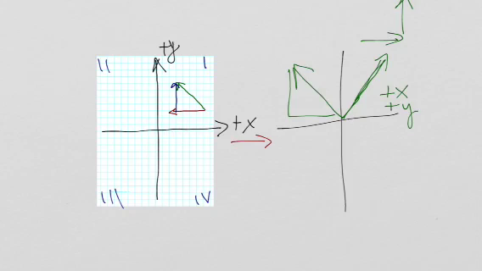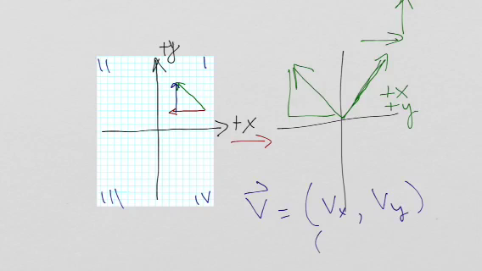So if we look at that image on page 8 of your notes, it doesn't matter where vector v appears on the Cartesian plane, its behavior is still going to be the same. Vector v is still going to have a vx component and a vy component.